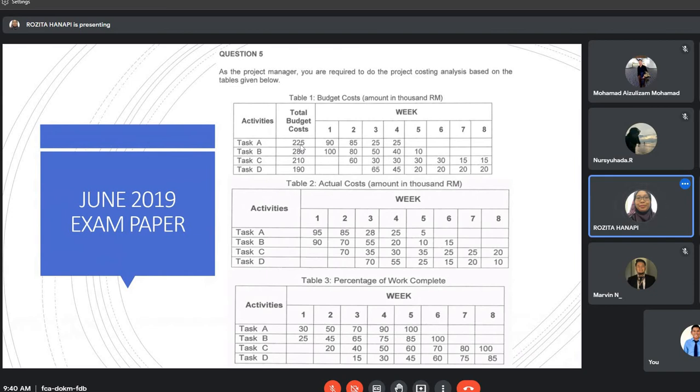For task C, the answer is 168,000. And then for task D, the answer is 142,500. Right?